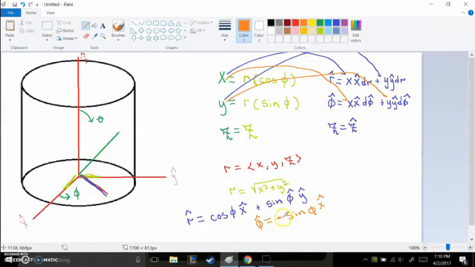Oh, don't forget the r, because we're not deriving with respect to r anymore, plus r cosine phi in the y direction. And the easiest one is just z is equal to the z direction.